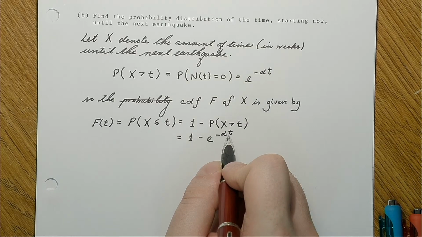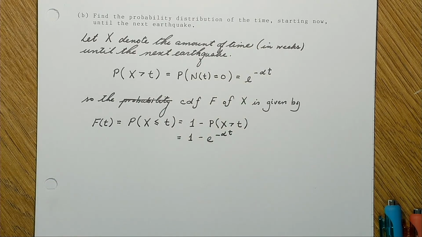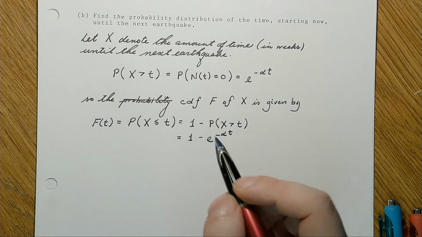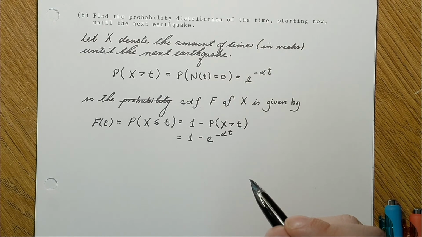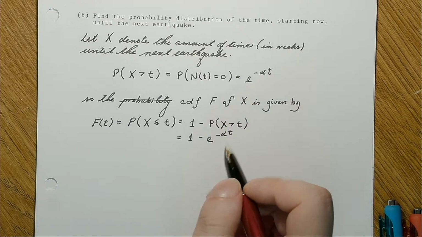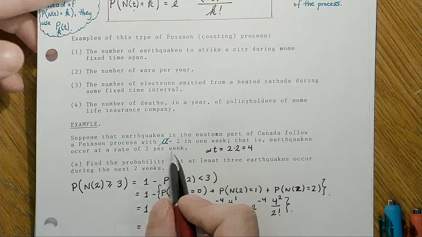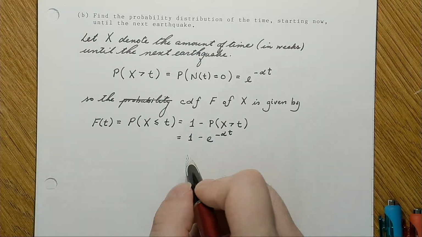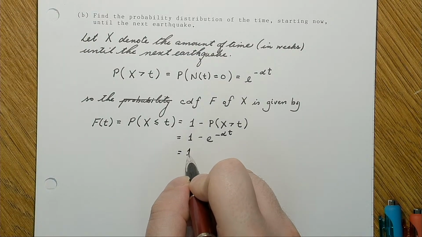We know what our alpha was, because we said that our alpha was 2, so we can just substitute that in.